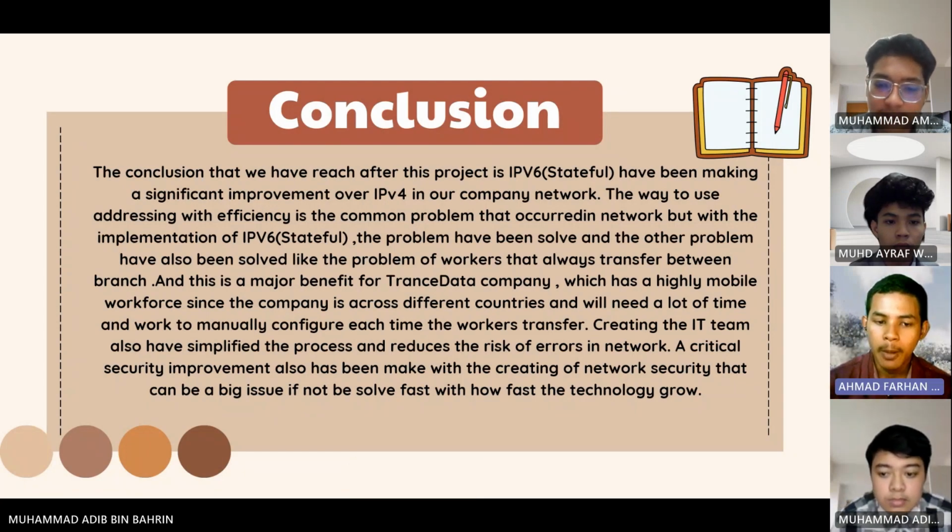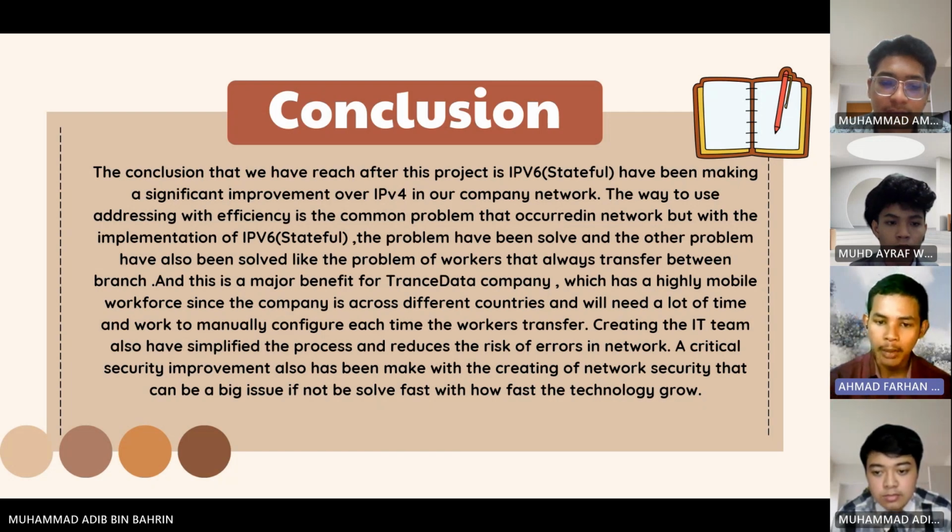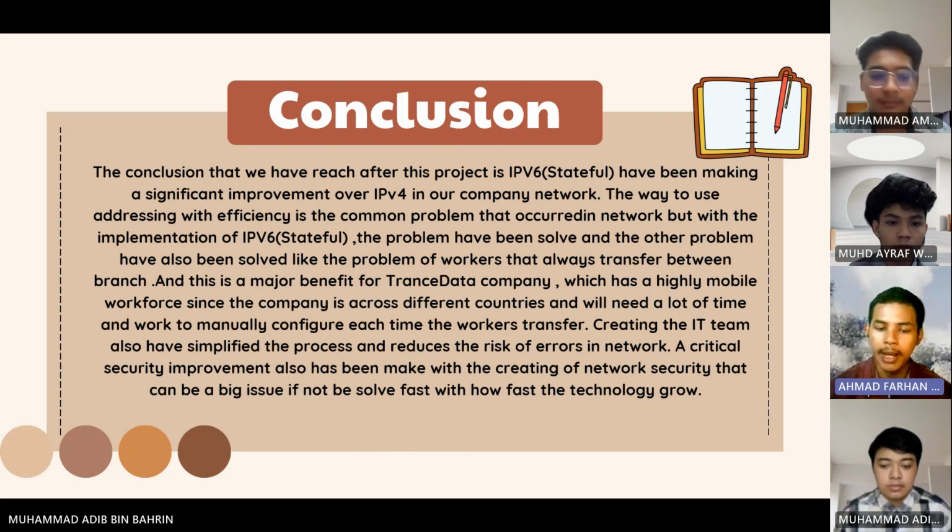This is a major benefit for Transdata, which has a highly mobile workforce since the company is across different countries and would need a lot of time and work to manually configure each time a worker transfers.